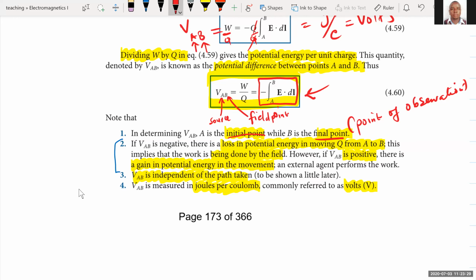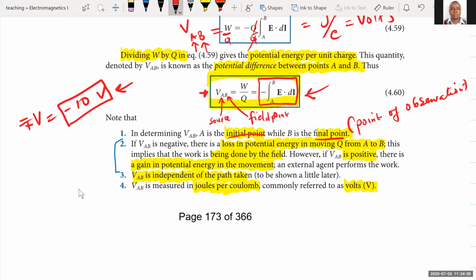Let's say that you have calculated V and you have found it to be equal to negative 10 volts. That means that the work is going to be done by the field.